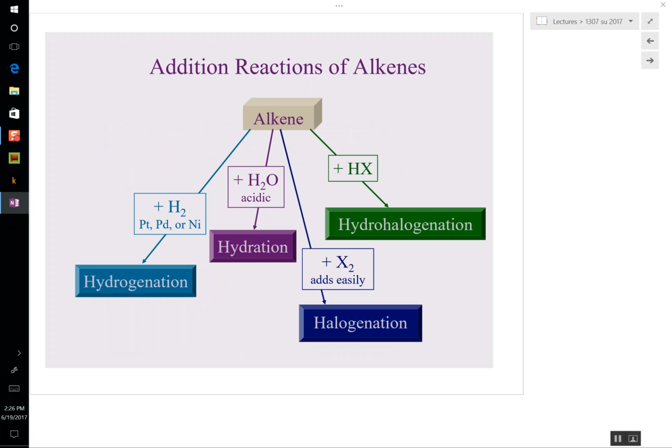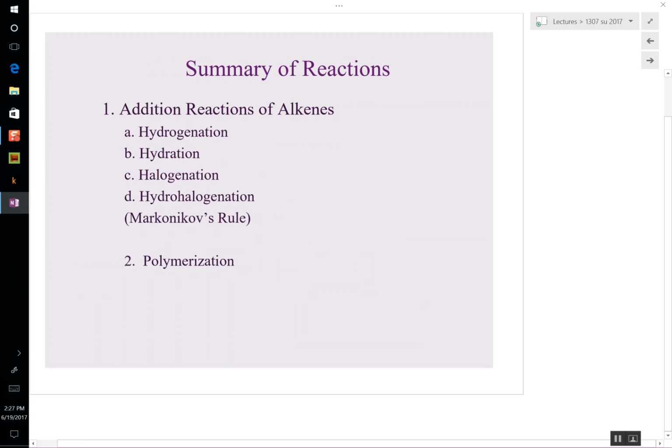Summary of reactions, here's the symmetrical, unsymmetrical addition reactions to alkenes. All right, there's just another list. Markovnikov's rule applies to hydration and hydrohalogenation. I don't know why these aren't kind of listed that way. And these here are symmetrical.